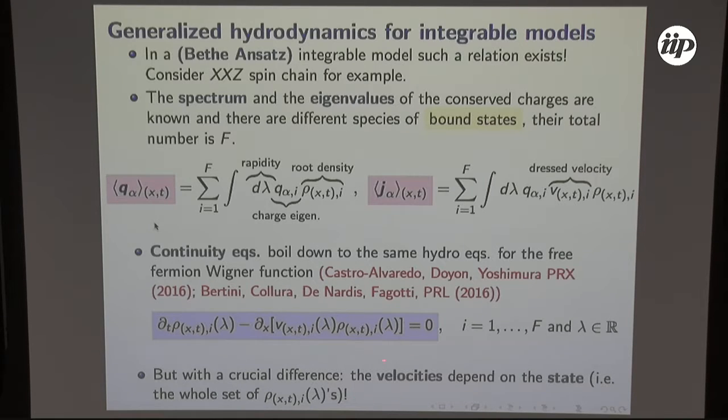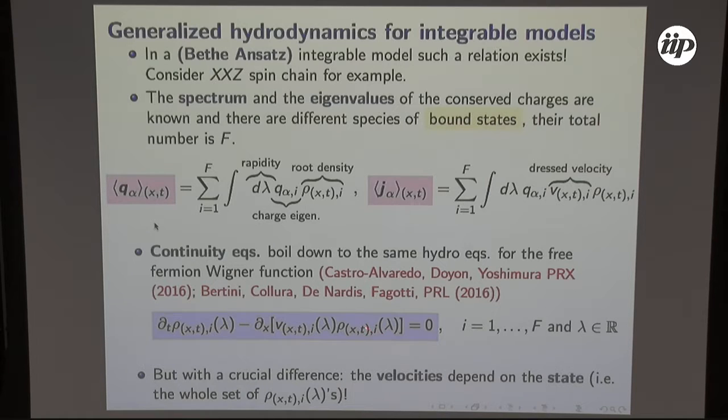because there are two main differences with respect to the fermionic case. In the fermionic case, this equation is just this phase diagram that I was showing you, where every particle moves at a certain velocity, and then you just integrate over all of that. This is more complicated for two reasons. The first reason is that there are infinitely many equations, because the number of bound states is normally infinite.